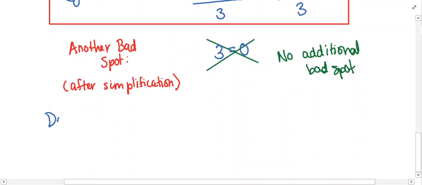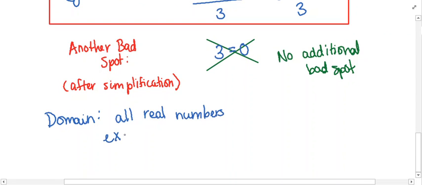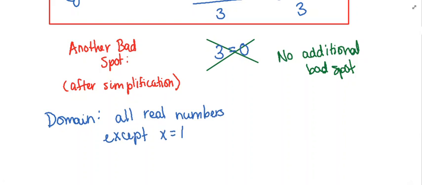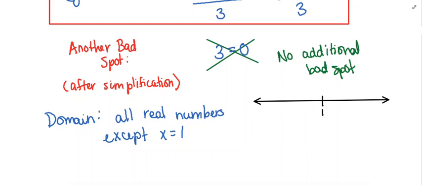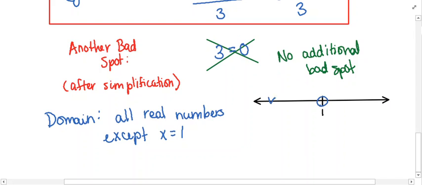The domain is going to be all real numbers except x equals 1. So we know if we draw this on a number line, we're going to put our bad spot of 1 on here. We're going to exclude it with an open circle, but everything else is good.